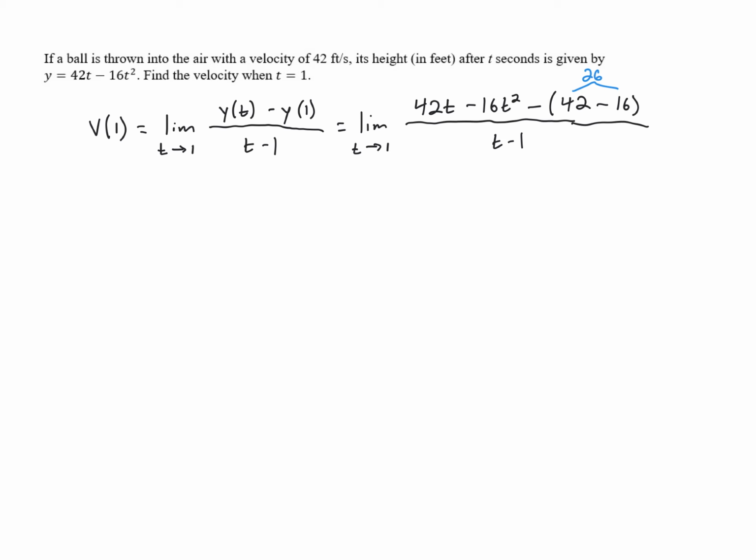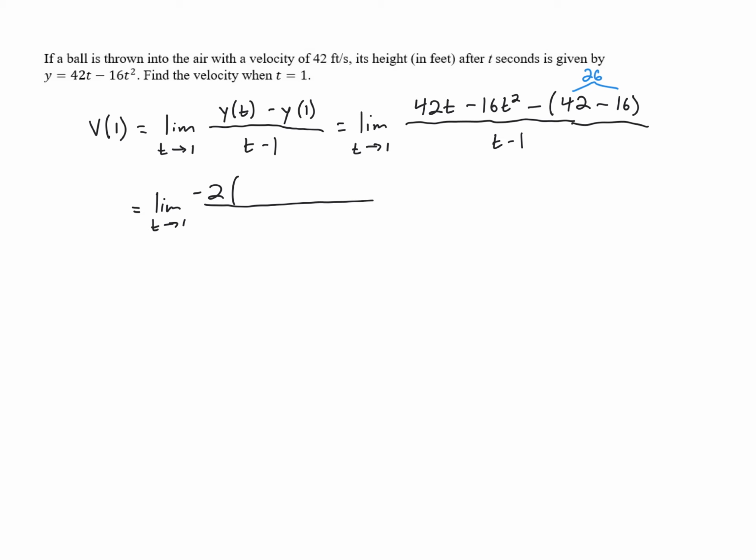Also, I think we can factor 2 out of each of those terms in the numerator. So we've got the limit as t approaches 1 of, if we factor out a 2, also we can move things around. Let's factor out a negative 2, because then that'll give us a positive leading coefficient.